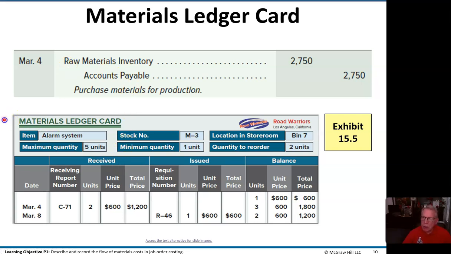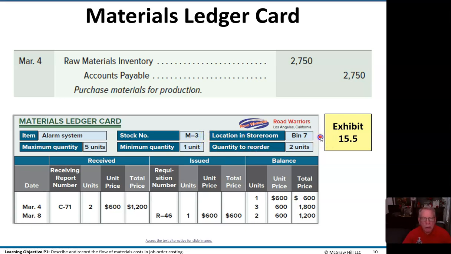Now, here's our materials ledger card and our alarm system. Here, we're going to bring in 5 units of this, and this is where it's located, the stock number.